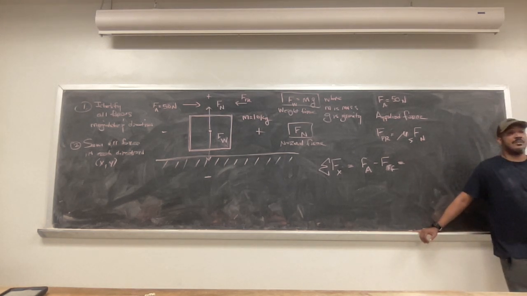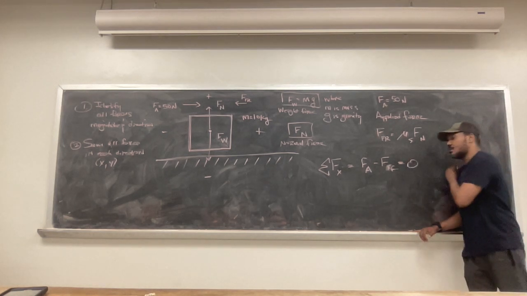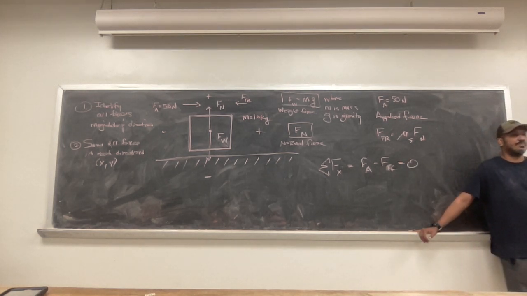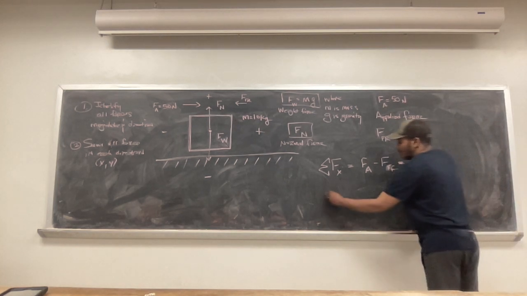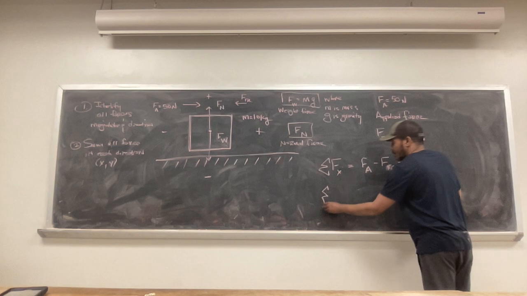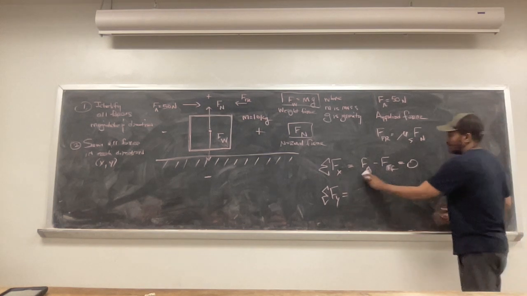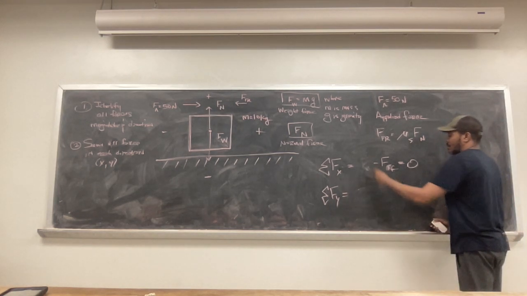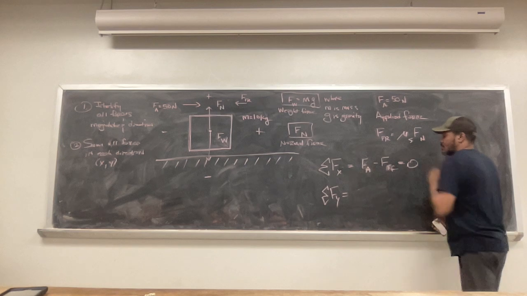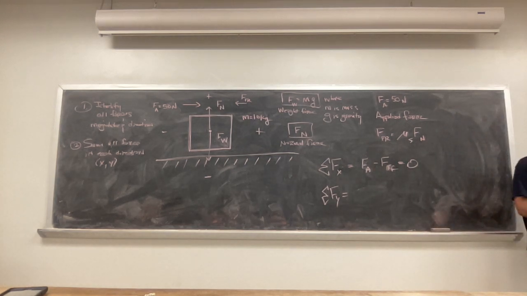Right? And for right now, we don't know if the box is moving or not. But we're going to assume that it's not. So we're going to say this equals 0. Alright. Now we're going to sum our forces in the Y direction. What are the forces in the Y direction?